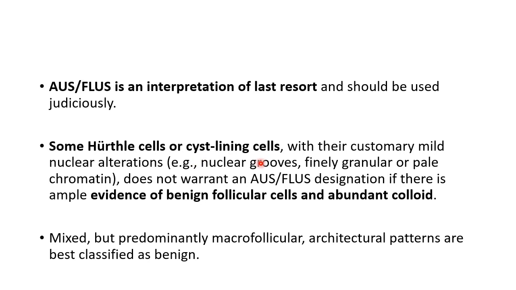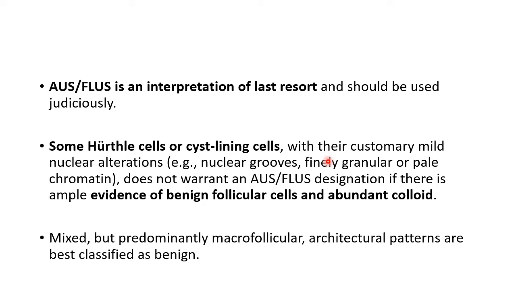If you have some Hurthle cells or cyst lining cells which are showing some atypia, but you have evidence of benign follicular cells elsewhere and you have abundant colloid in the background, do not call it atypia NOS.